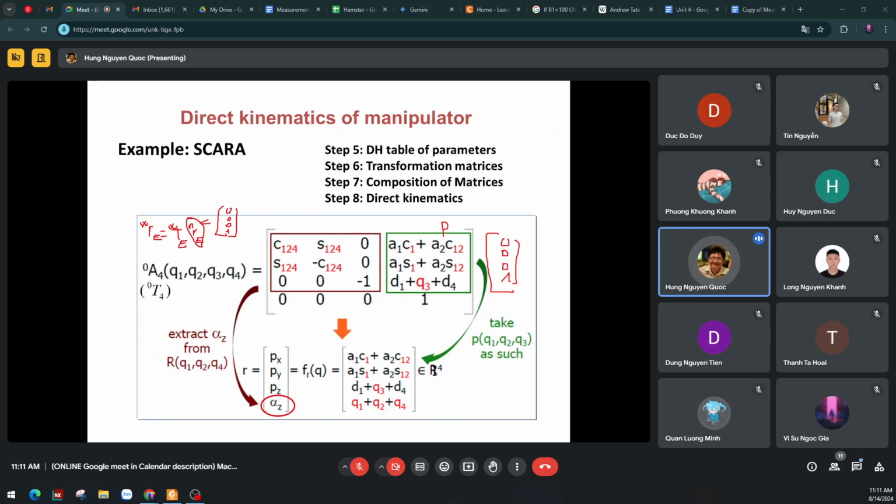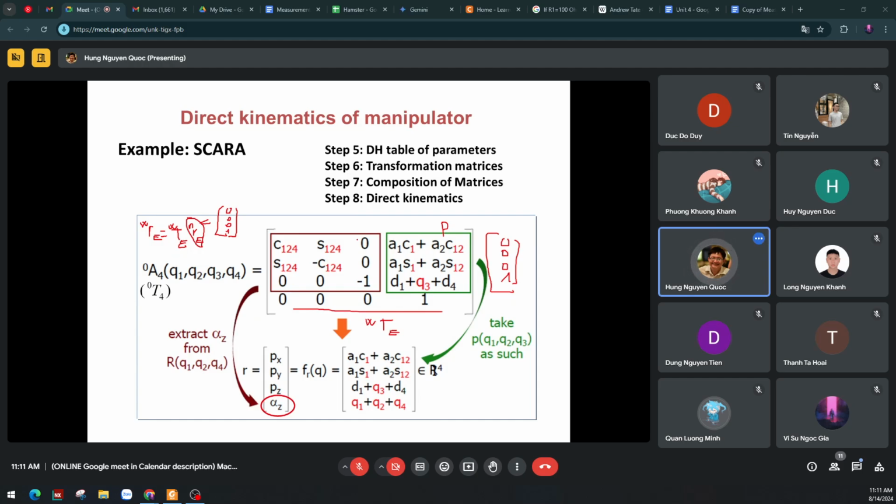So this is T04, or say TWn. Then only this term exists, so in this case this should be the x, y, and z coordinate.